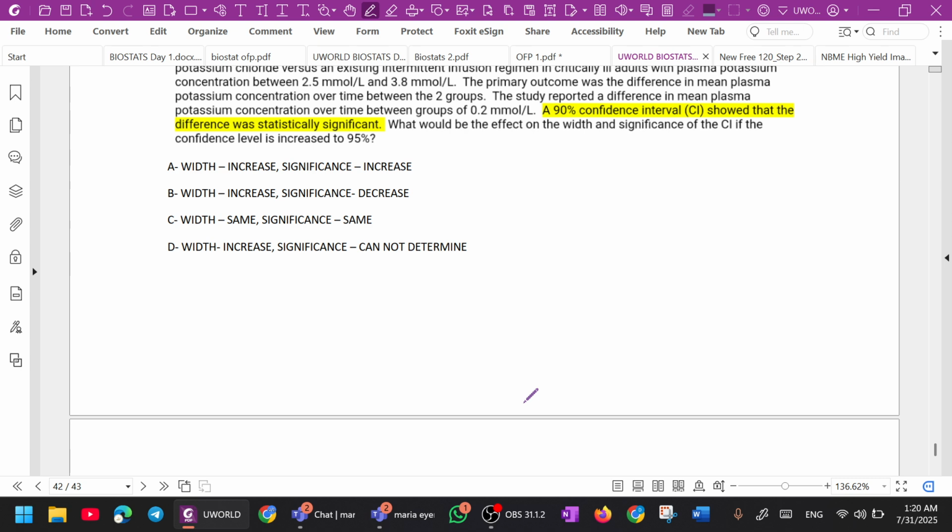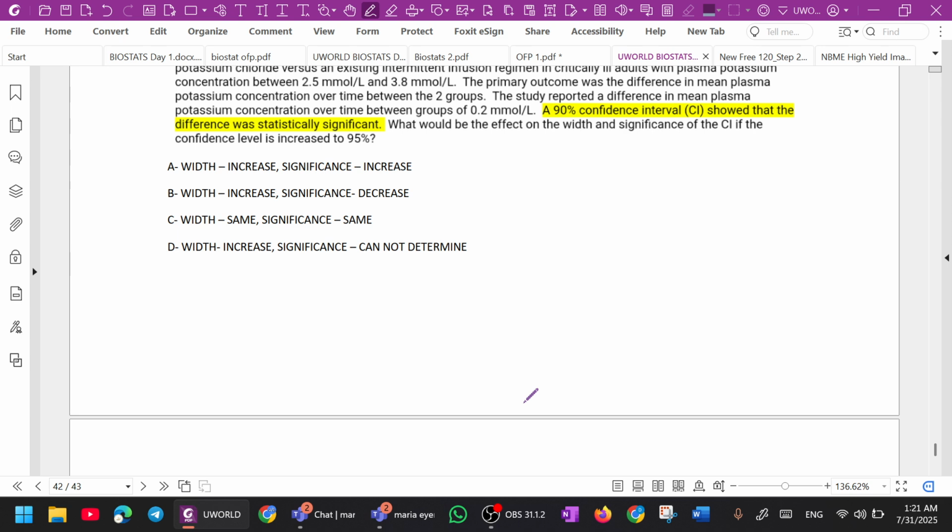You already know that the width increases. If the confidence interval increases, the level also increases. So that covers this. But the statistical significance you cannot determine, because they never gave you the interval. So how can you determine if it's statistically significant or not? You don't have the interval, so you don't know if it includes zero or one. Does it make sense?